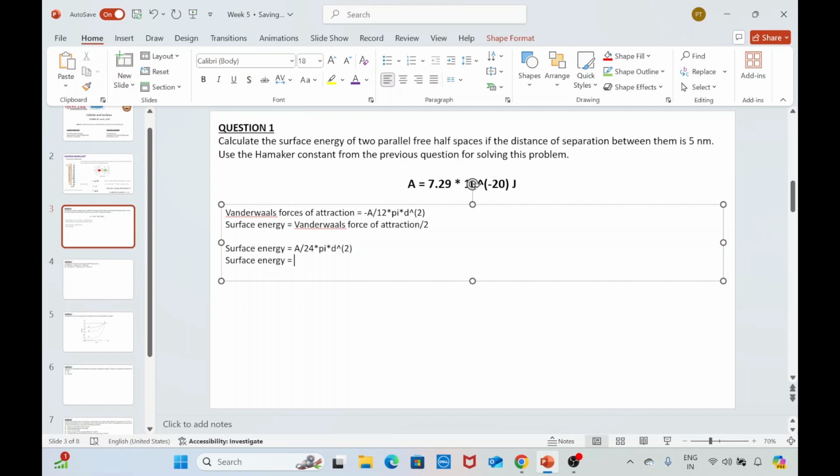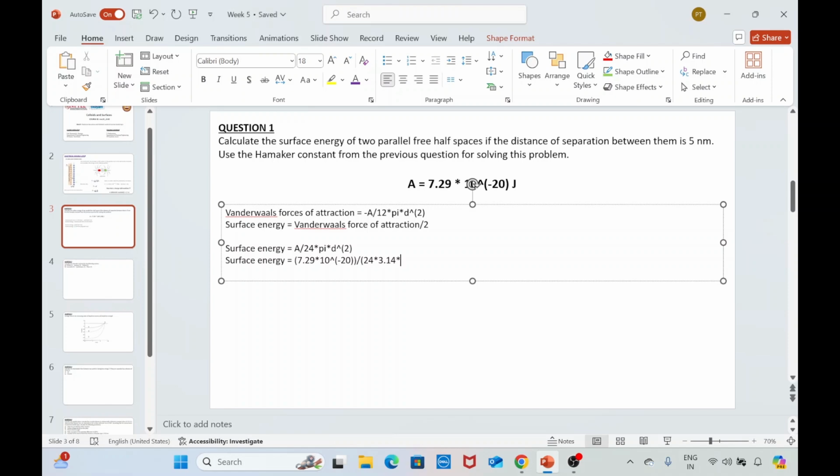So the value of A is 7.29 times 10 power minus 20, the value of pi is 3.14, and d squared.